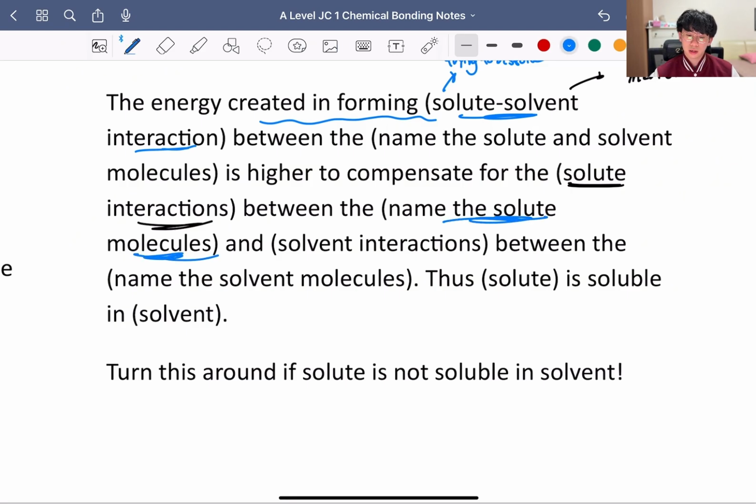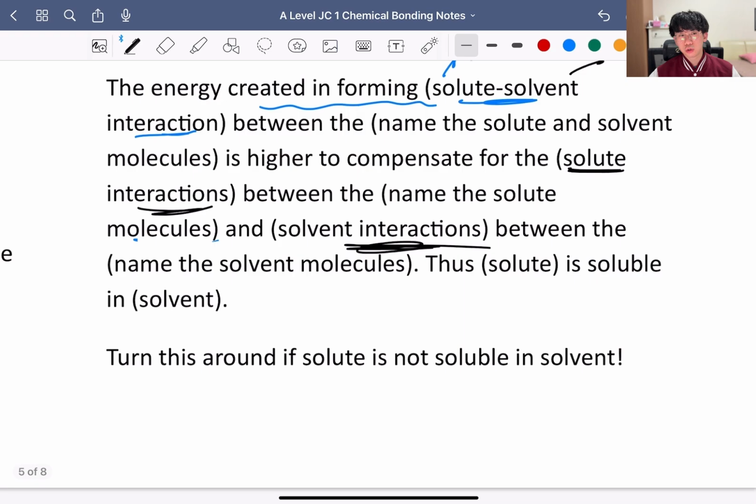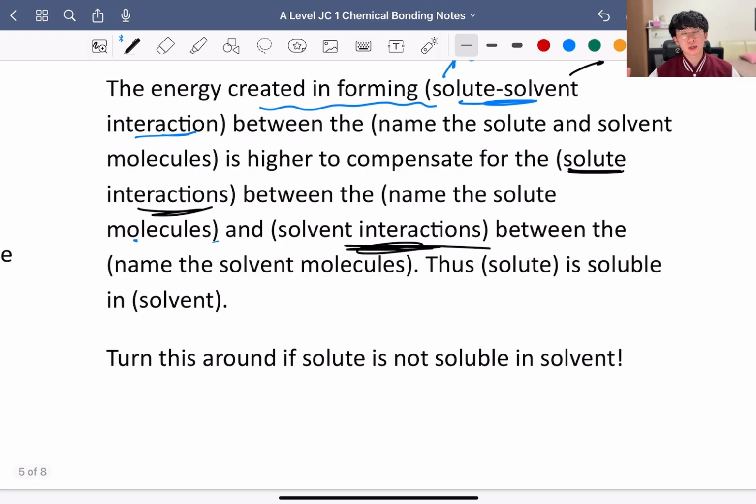Right? And oops, I should highlight this part. And this makes sense because you can't really form new interactions until I overcome the interactions within itself, right? And you should turn this explanation around when you are also trying to say when a solid is not really soluble in a solvent, okay?